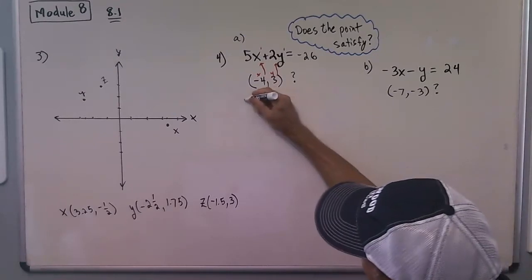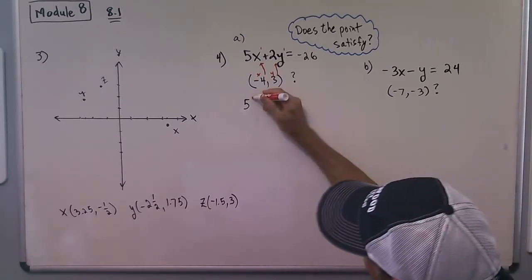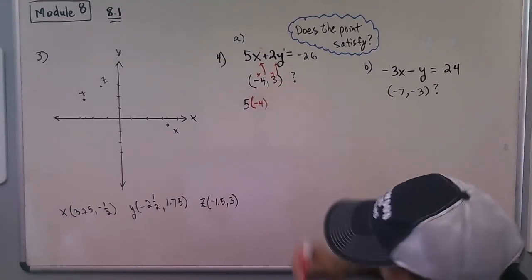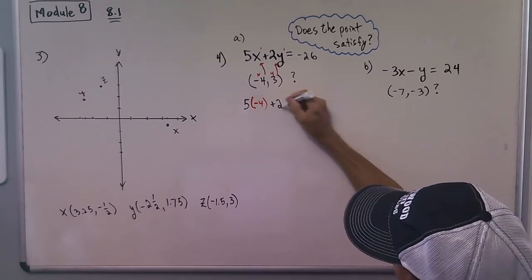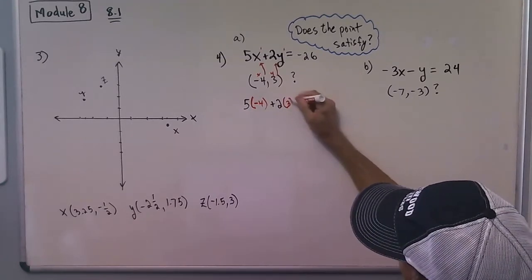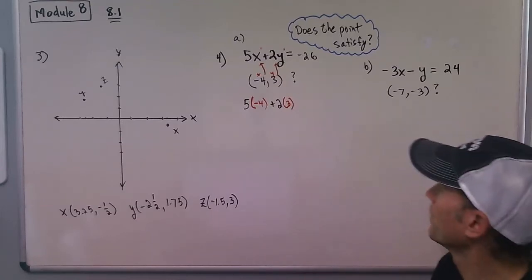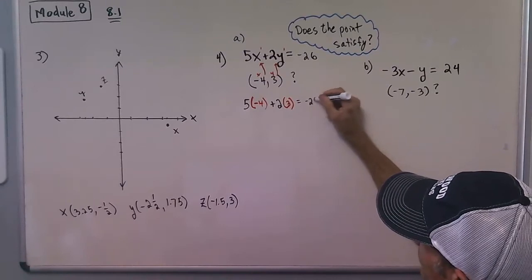So what I get here is 5 times -4. I'll write this out so we can see it, the substitution, plus 2 times 3. Remember these are written out on the note packets for you too, and I have equals -26.